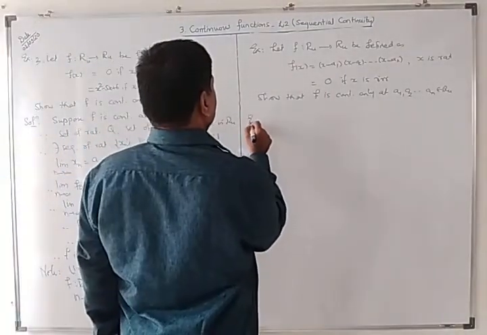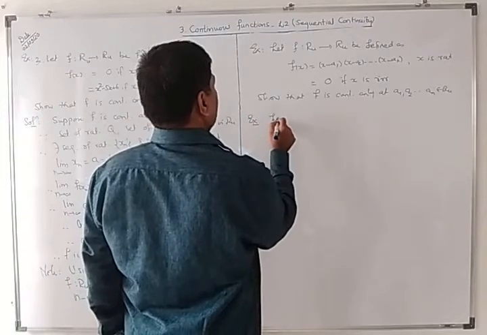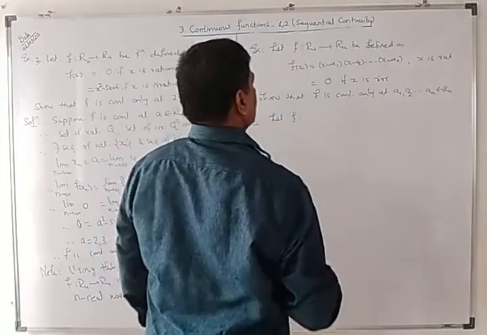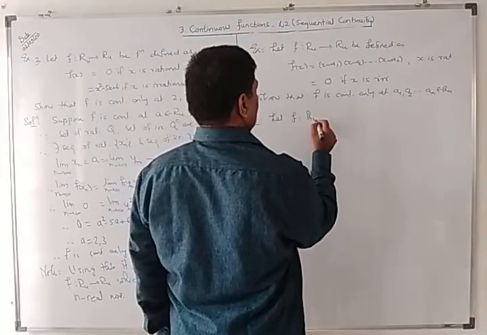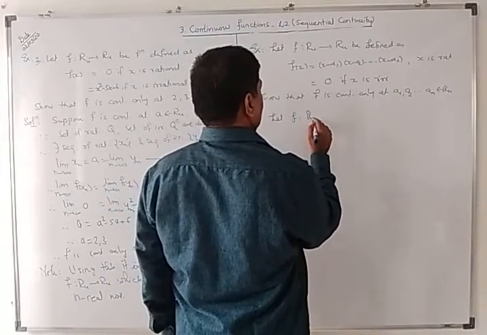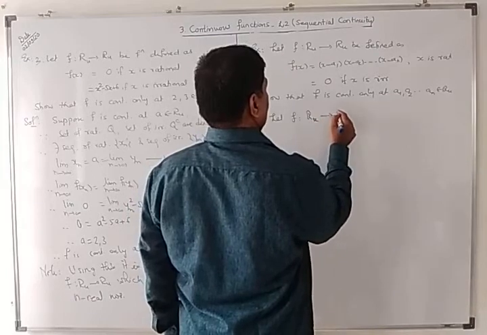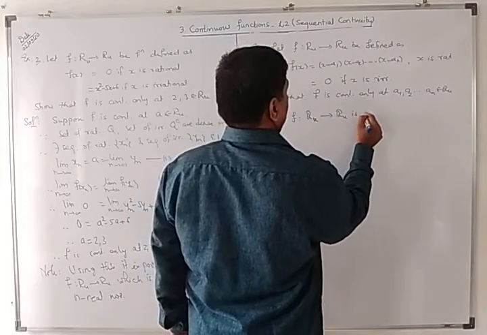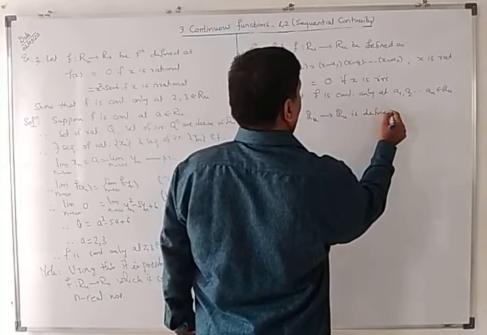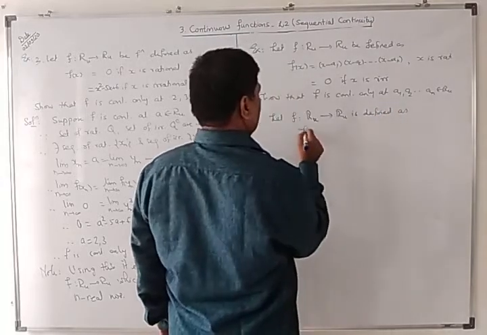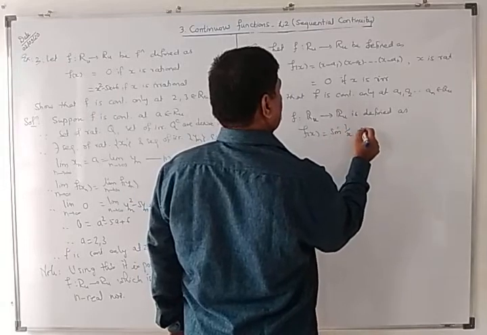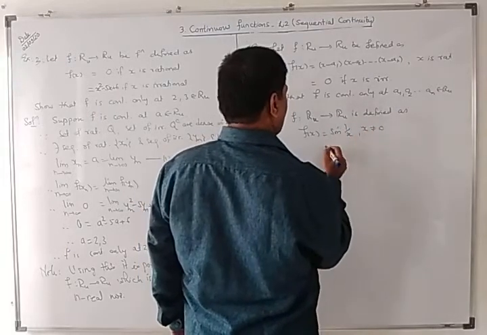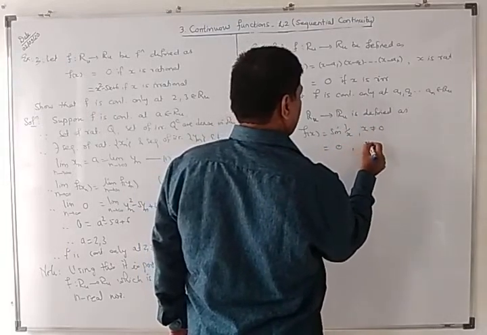Now if I take the next example, let f from R to R be defined as f(x) is equal to sine of 1 by x if x is not equal to 0, and it is 0 if x is equal to 0.